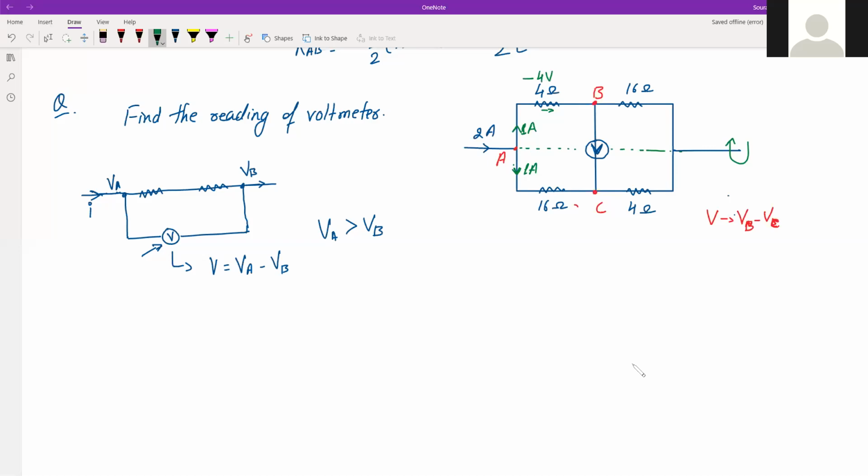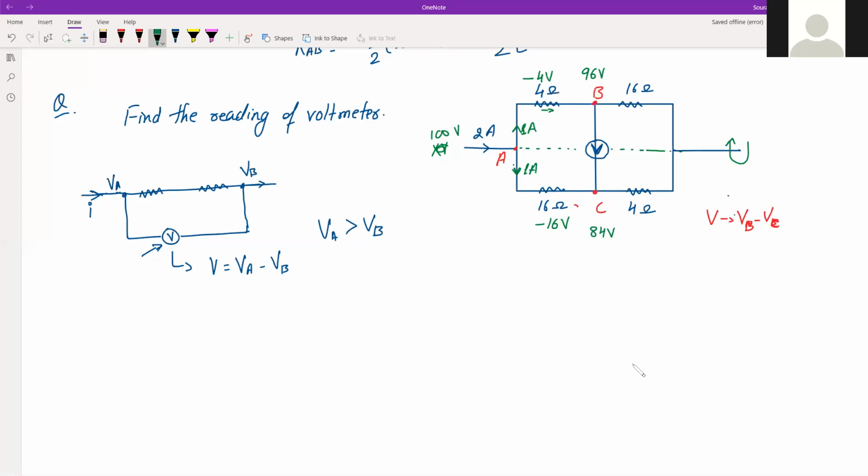Same way, here there will be a drop of minus 16 volts. Now suppose it started with some X volts, say 100 volts. So there is a drop of 4 volts, so here it is 96 volts, and here it will be 100 minus 16, that is 84 volts.